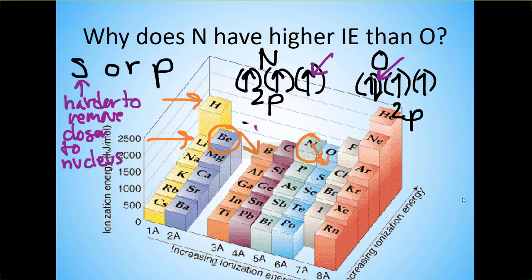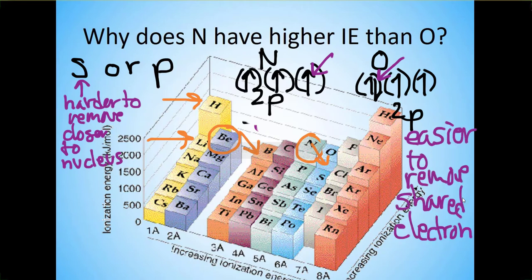So to rip that electron away, because of that electron repulsion, it's actually easier to remove this electron. So it's easier to remove an electron that is shared in an orbital. So it's not that nitrogen is so high, but it's just that oxygen is so low. So that's why it dips down like that.